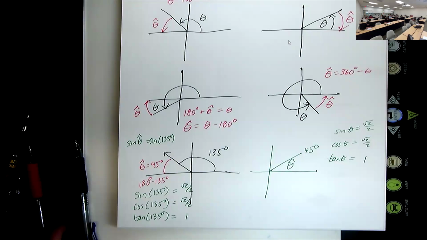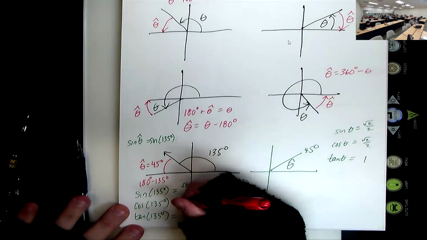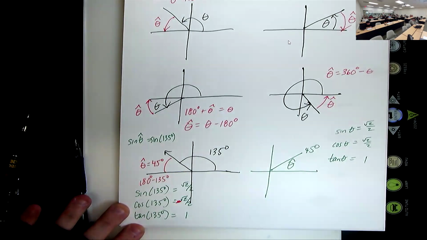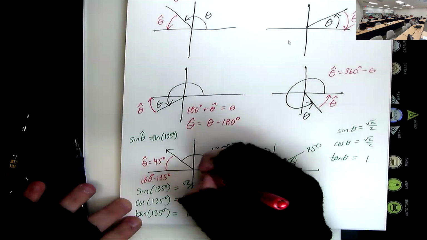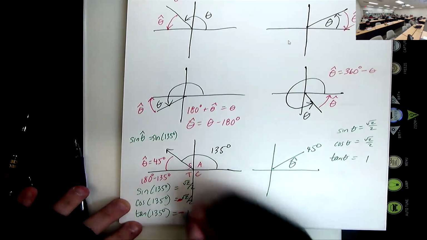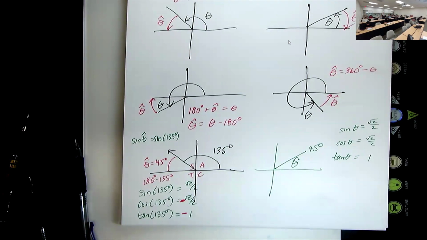Over in quadrant 2, x is negative, which makes cosine negative. And like we're doing with All Students Take Calculus, only sine is positive in that region, so cosine and tangent are negative there.